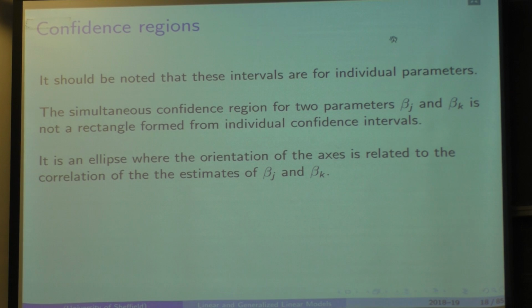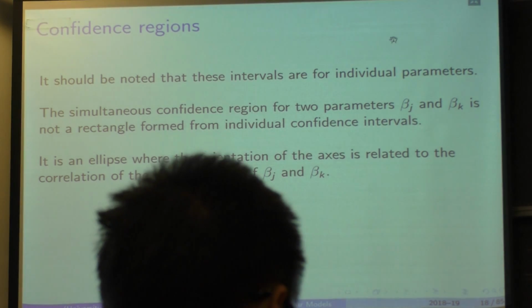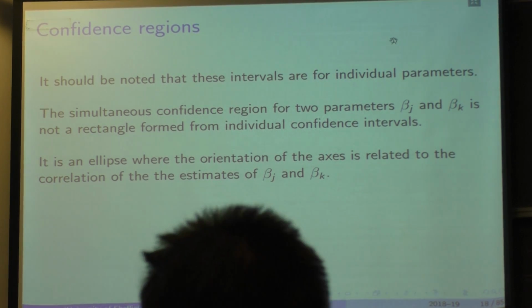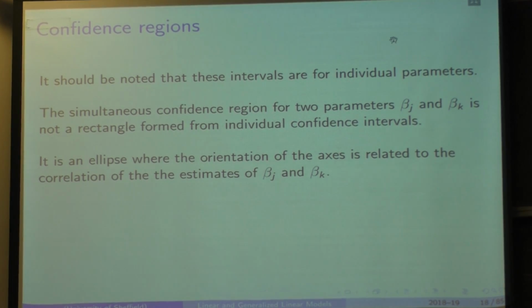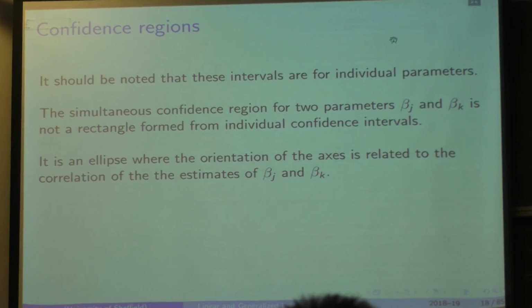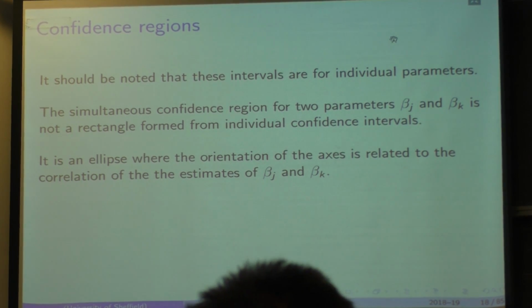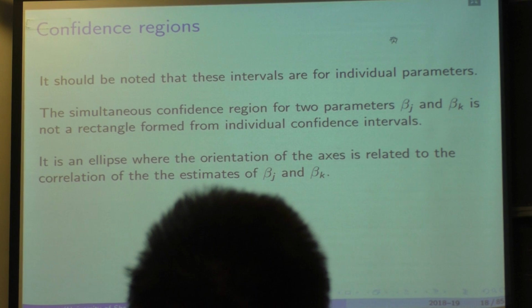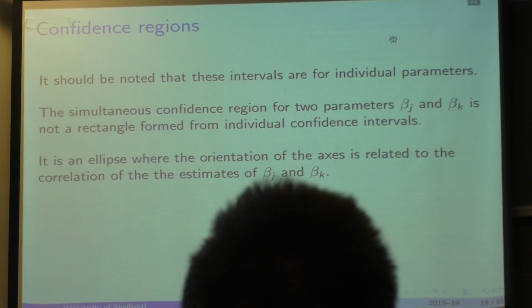Okay, so in the example that I've just given, the simple linear regression, beta 0 and beta 1, your estimates of them tend to be correlated. In fact, they tend to be negatively correlated, so that a larger value of the intercept tends to correspond to a smaller value of the gradient, and vice versa. So that means that if you've underestimated the gradient, you've probably overestimated the intercept.